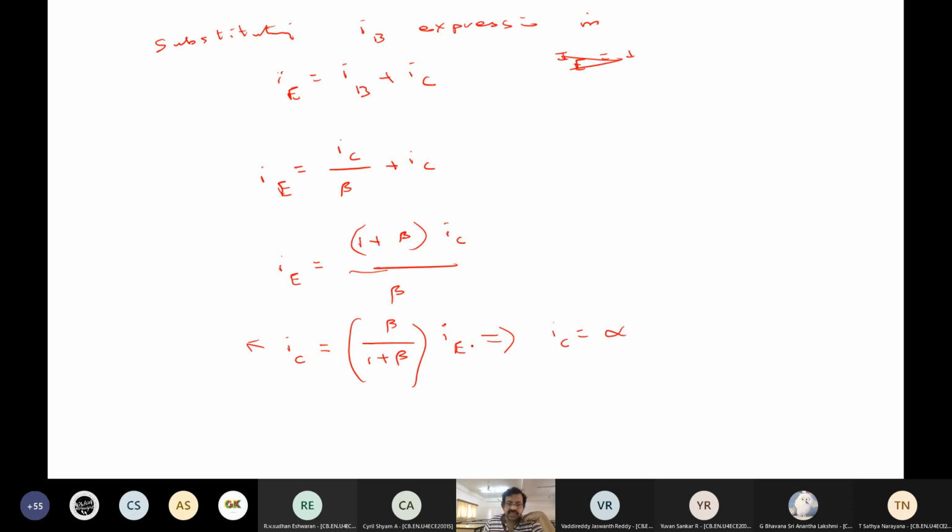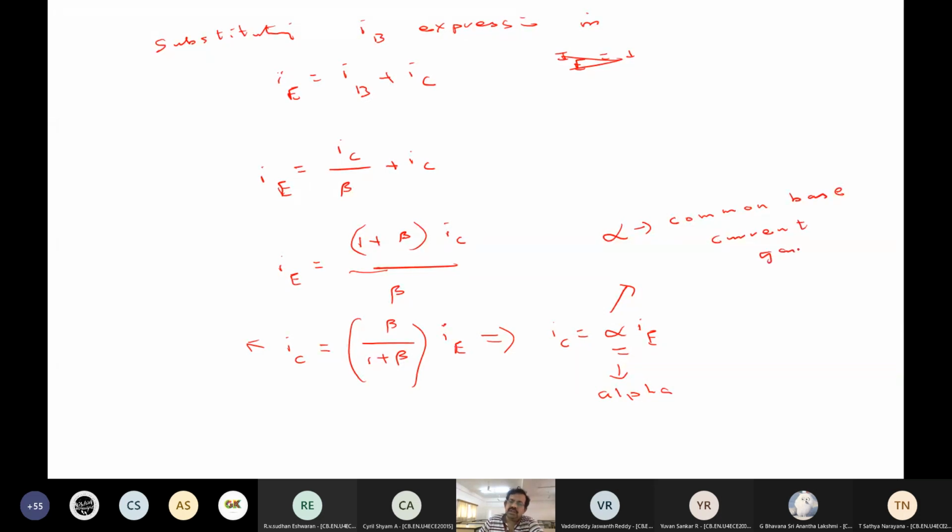Now the collector current is expressed in terms of the emitter current. So alpha is what is called common base current gain.